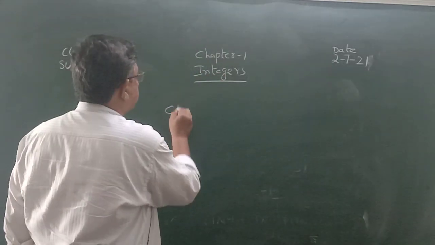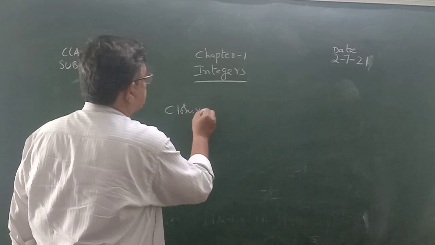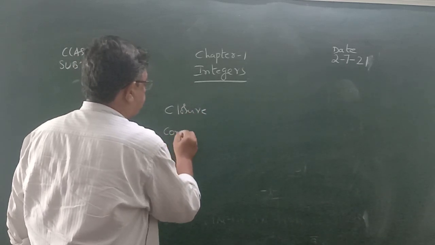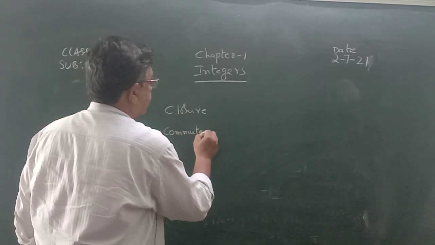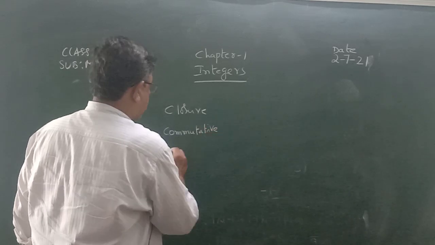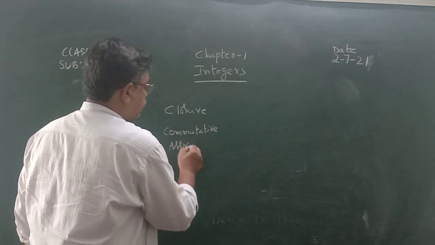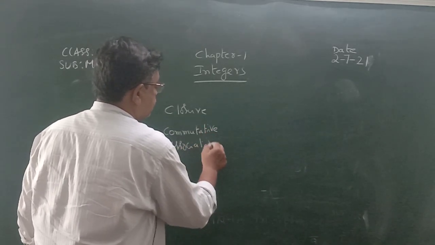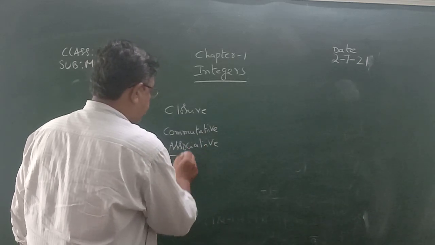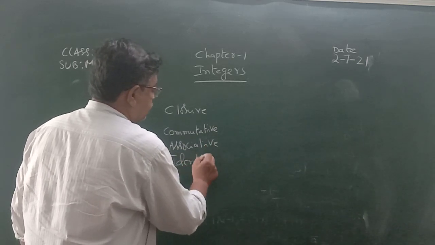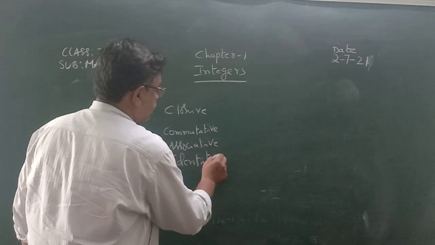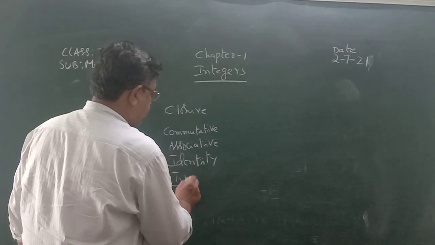So, what are these properties? Closure, commutative, associative, identity, and inverse properties.